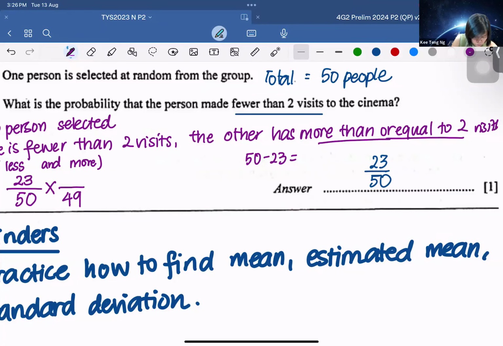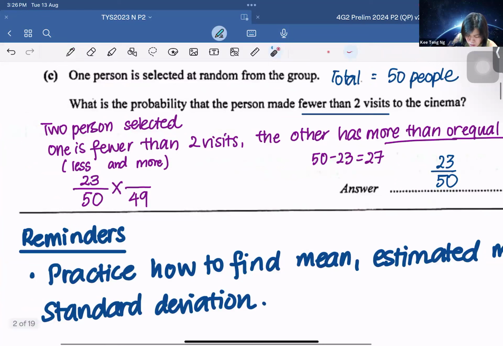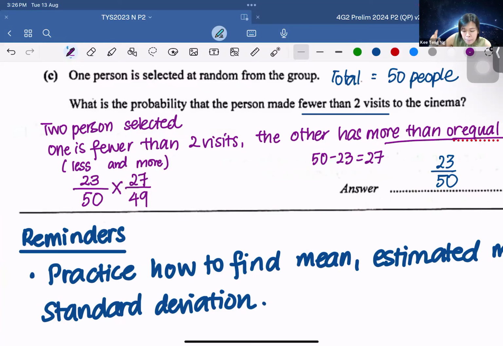So if it's more than or equal to 2, 50 minus 23 gives me the remaining 27. So what do I put down here? How many people have more than or equal to 2 visits? This one will be 27. Okay, but this is the first possible case.